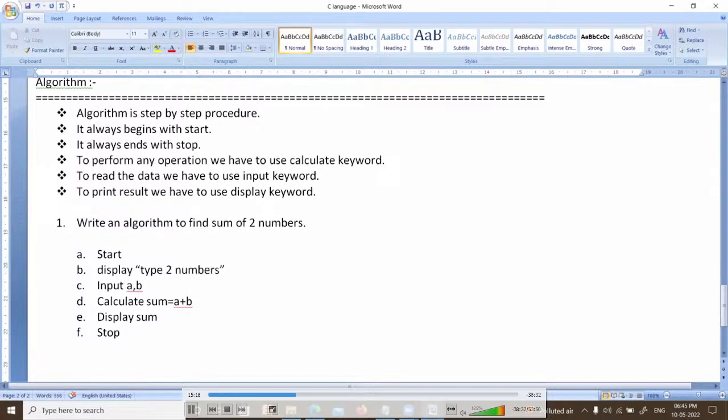We have to start. After that, we have to read length comma width. After reading length comma width, we can find the area. After finding, we have to display the result. After that, we have to stop the program. It is a simple program to find area of rectangle. Right? Note on this one.